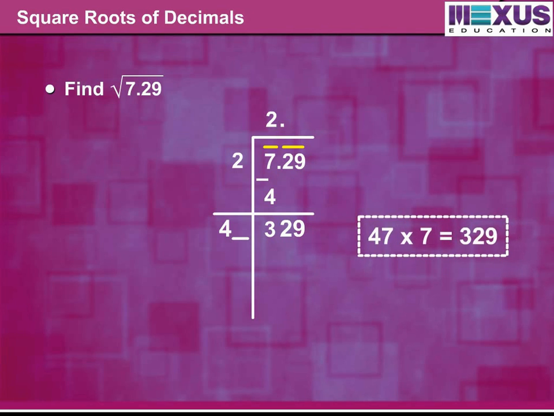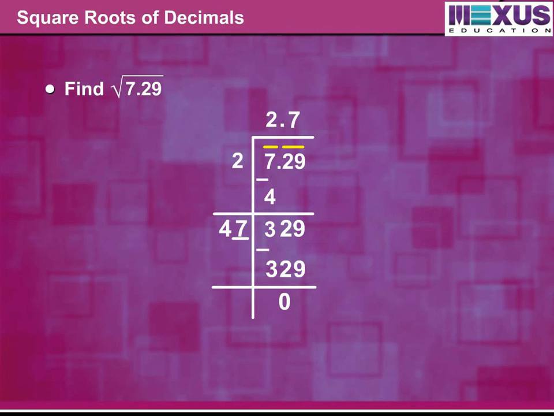We can see here that 47 times 7 is equal to 329. So the new digit will be 7, and by dividing 329 by 47, we get 0 as remainder. Step 6. Thus, as no remainder is left, we can say that the square root of 7.29 is 2.7.